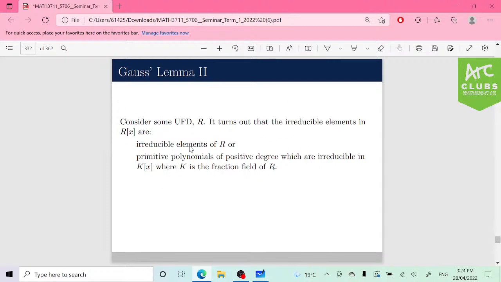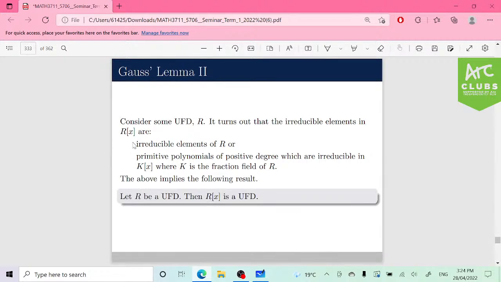So the only irreducible elements in R[x] are going to be irreducible elements of the underlying ring R, or they're going to be primitive polynomials of positive degree. And so these two are the only ways for you to have irreducible elements inside R[x]. Cool.